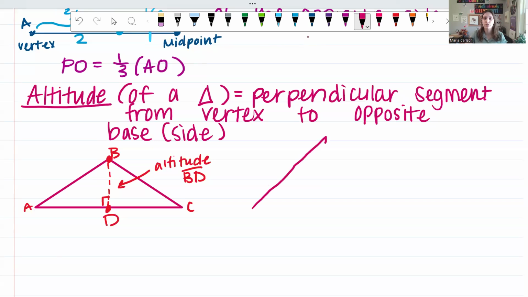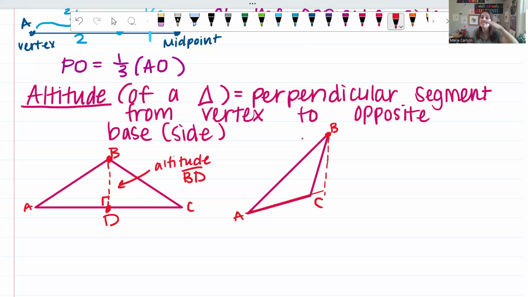So let's see how I do drawing an obtuse triangle. So this will be ABC. And if I want to find the altitude from point B to this opposite base, which is AC, well, if I just draw a straight line down, creating that perpendicular segment, when will it intersect with this side?